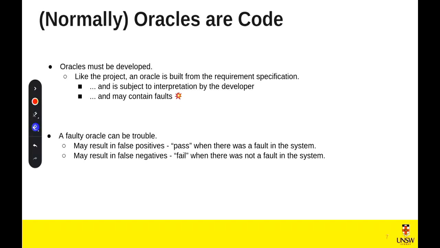And a faulty oracle could be troublesome because it may introduce false positives, where the test is passed, but the actual implementation is faulty. And there could also be false negatives, where the tests failed, but there's no fault in the system.